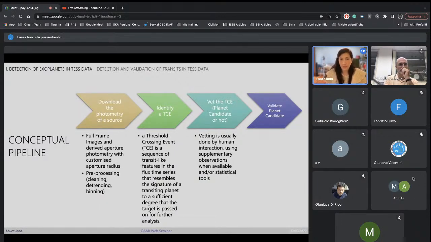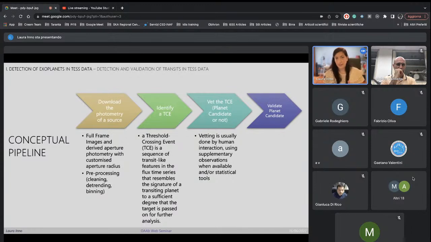You can also use the SPOC pipeline for TESS, which will allow you to find what is called a threshold crossing event. You need at least 2 events to identify a TCE, because you need to find the period of the eclipses, of course. And then once you identify this TCE, comes the more difficult part.